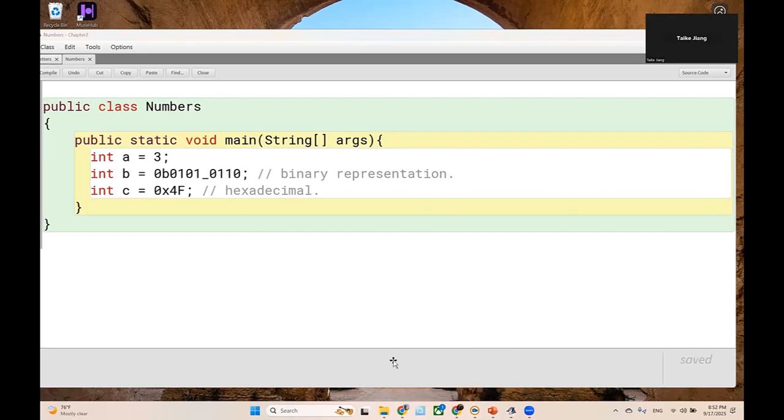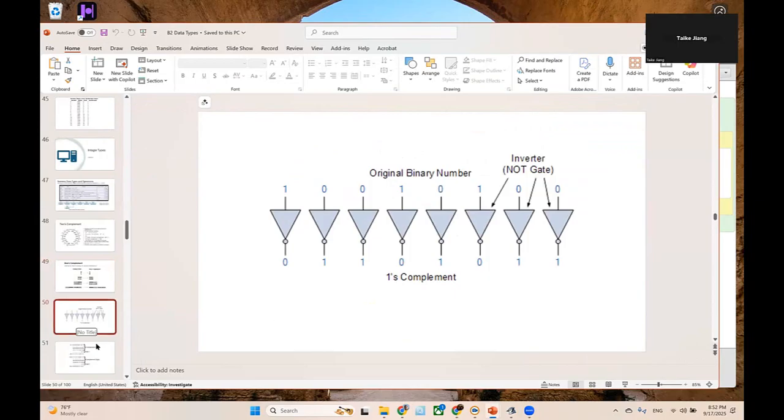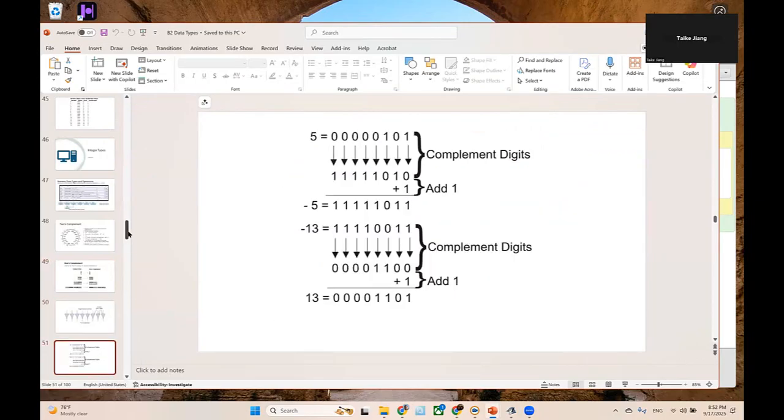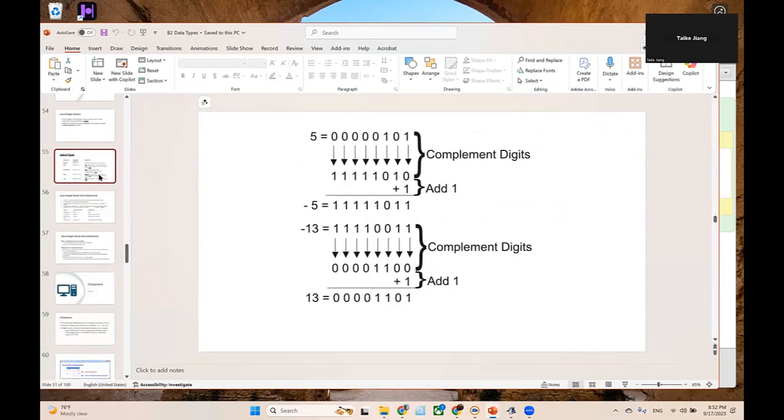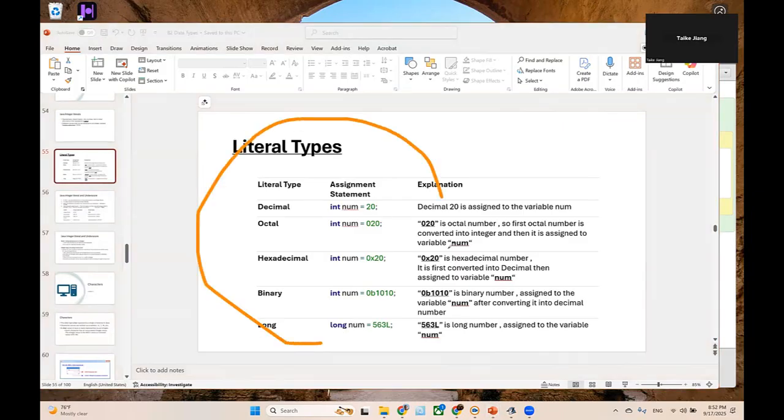Let's talk about the ones complement, these differences. Next one, the thing that I just talked about is this literal type. So when you study the UC Scout, you should also go back to download the material we have, okay? Otherwise, you may not catch up.